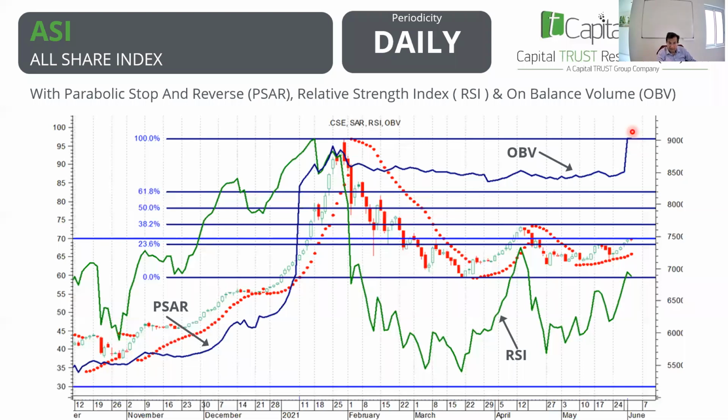So the market is extremely bullish. That is 4 days ago, and it was extremely bullish. And that bullishness has not waned away.